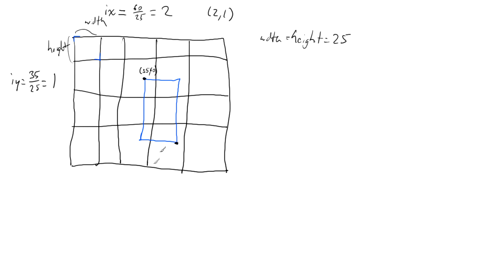So this one here is 2, 1, and this is 3, 3. So now we have the tile map indices of the tiles which contain our top left and bottom right points of our collision rectangle.